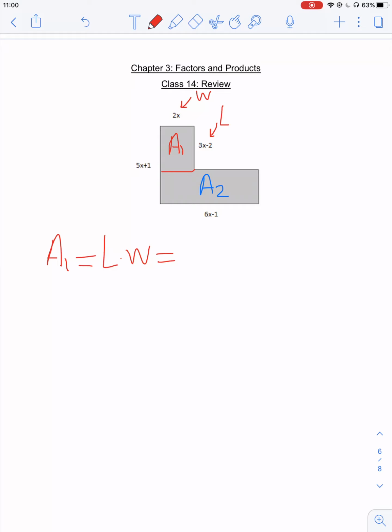Okay, so A1 is just equals to length times width. So my length is 3x minus 2. Now here, because you're multiplying, brackets will be super important. Okay, so make sure you're putting your brackets, because if you don't, then you will not get the right answer. And your width is 2x.